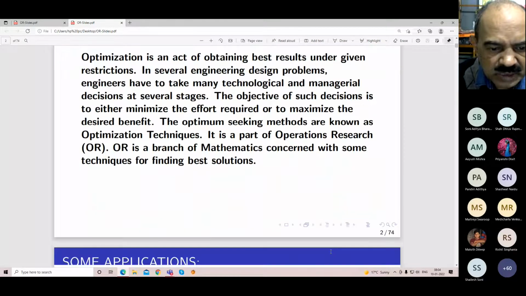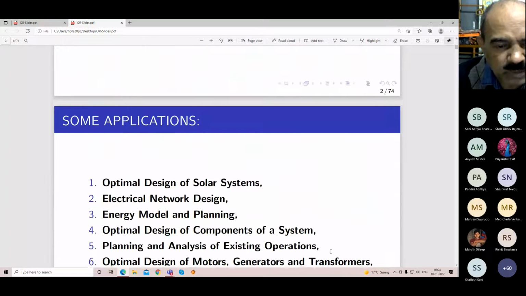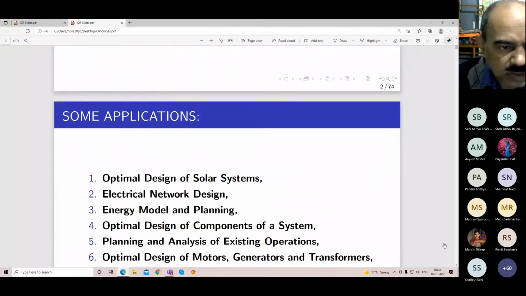I would like to mention a few applications in real-life problems, in some engineering design problems.